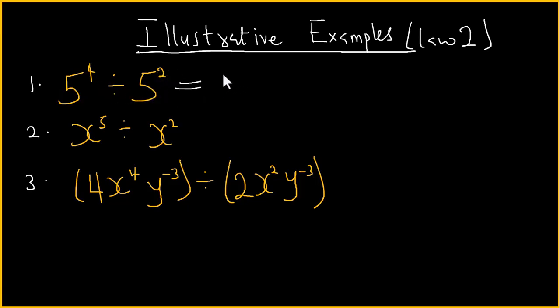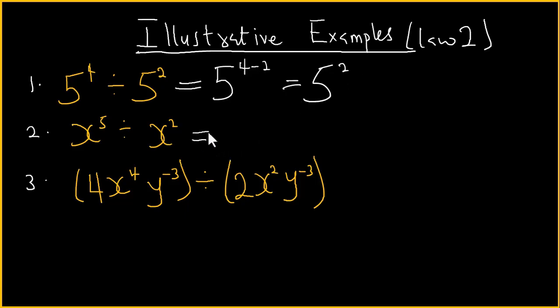So the bases are 5, 5 is selected, and the operational sign between these two indexes or indices is division. So we have 4 minus 2, and this gives us 5 to the power 2. 4 minus 2 gives us 2.